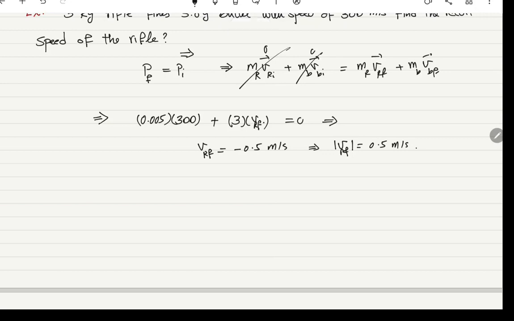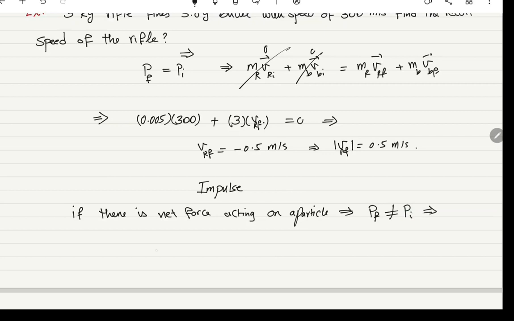Now let's identify the impulse. If there is a net force acting on a particle, then P final is not equal to P initial.